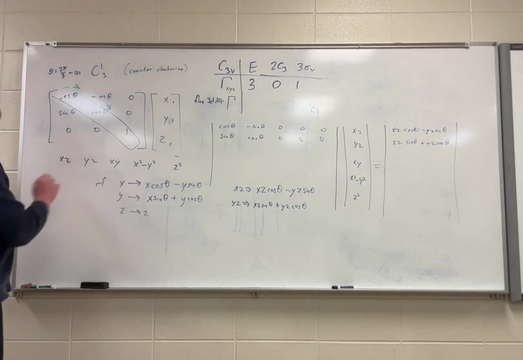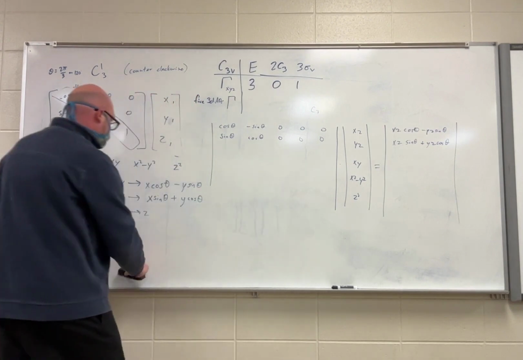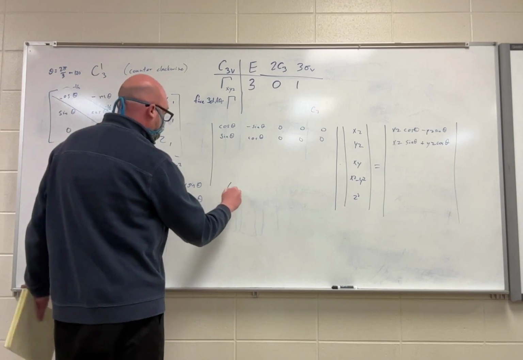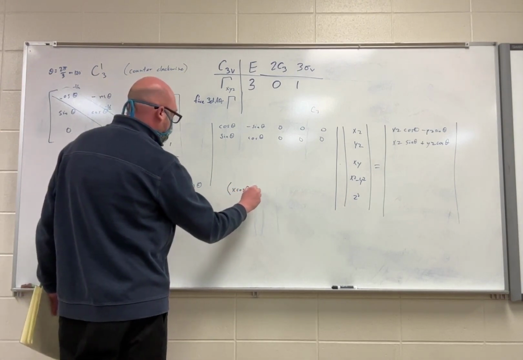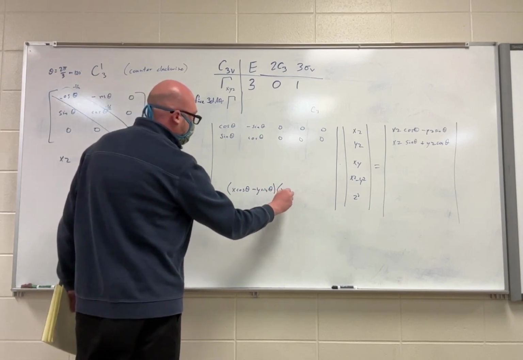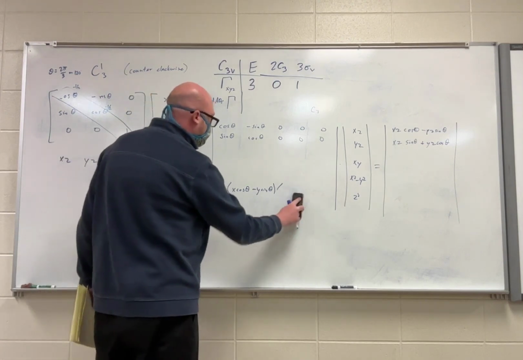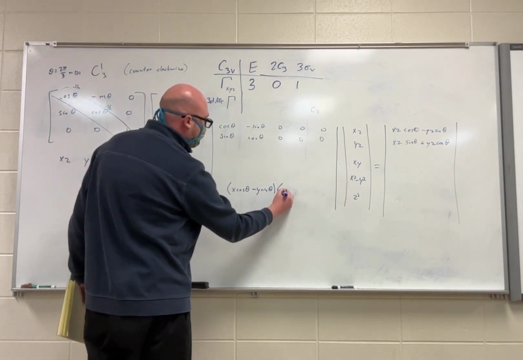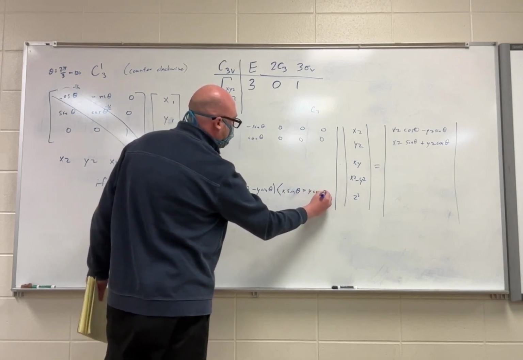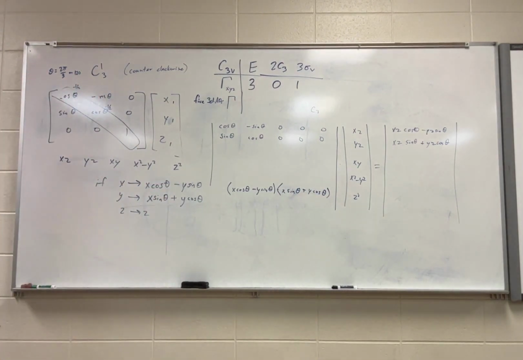And then xy. Let me go ahead and erase that to make some room. x and y will be the product of these two. So I have x cosine theta minus y sine theta times x sine theta plus y cosine theta. I'm just multiplying these two. That's the product xy.